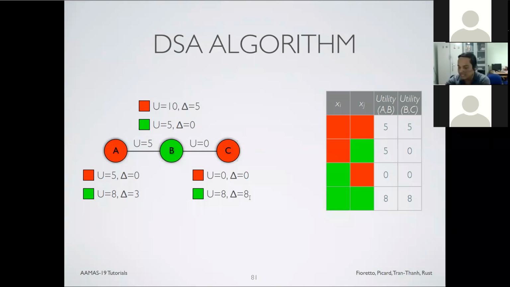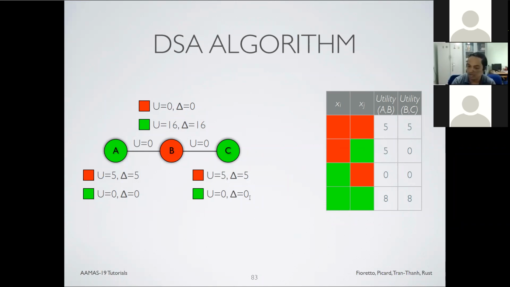So based on this, we will infer what will be the next change. Yeah, we just change A. After changing A, again we will do the same iteration and the same operation.